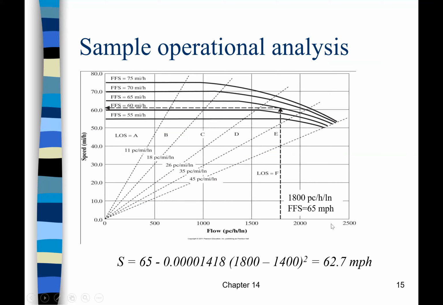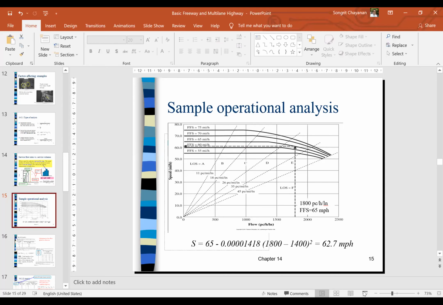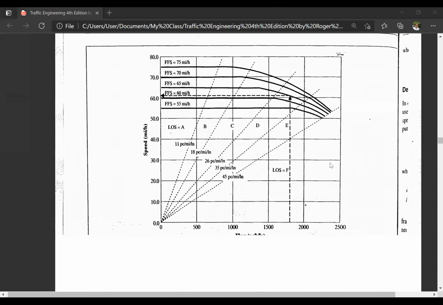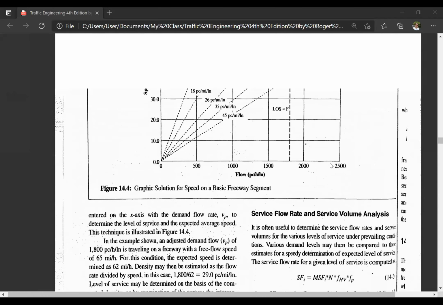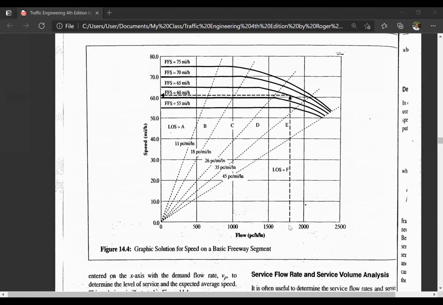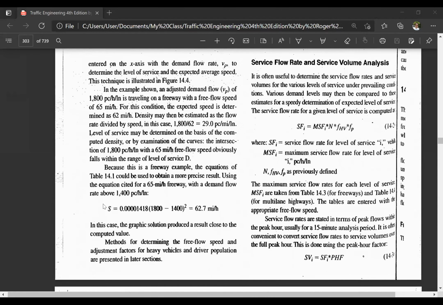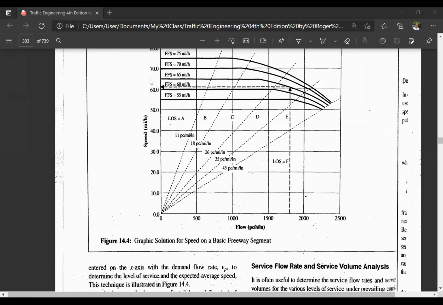If you turn the textbook to this page, you can start seeing how they calculate the free flow speed from this graphic.